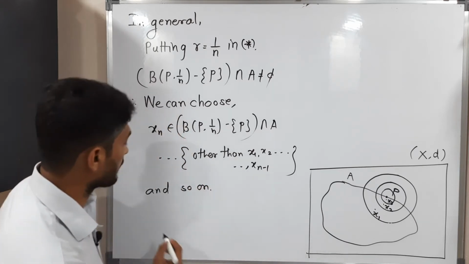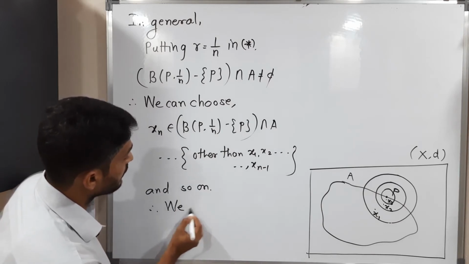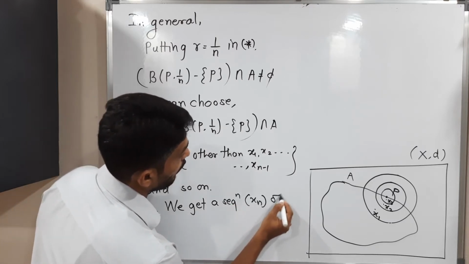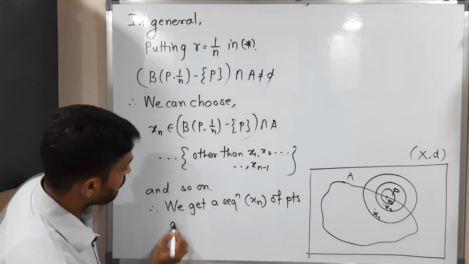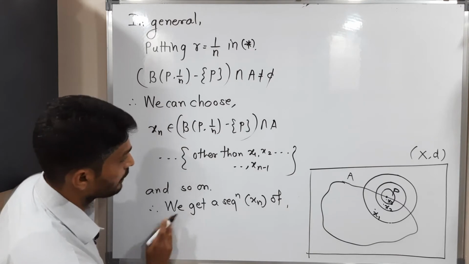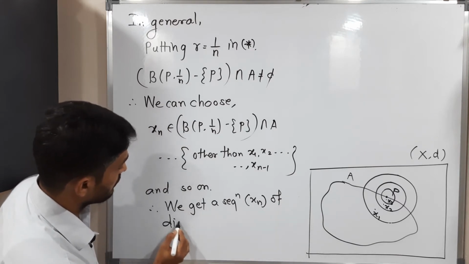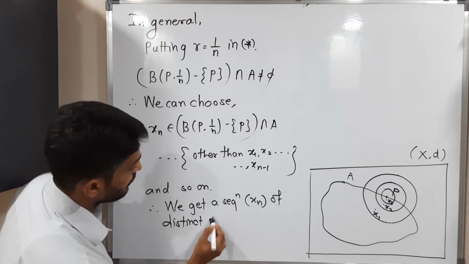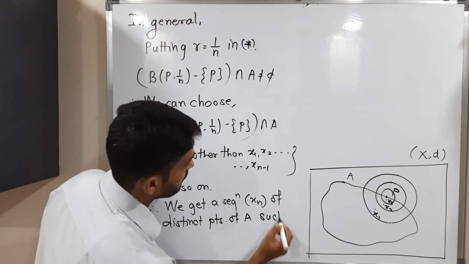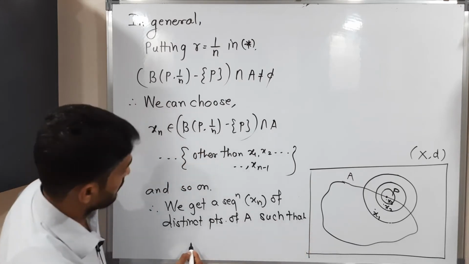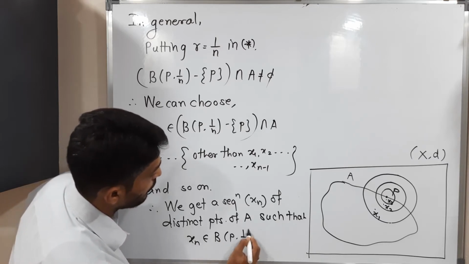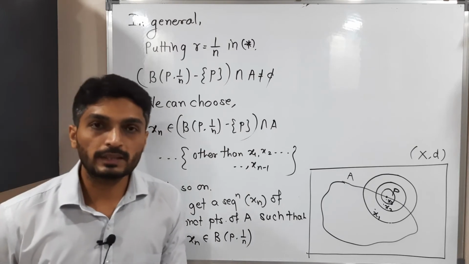Therefore we get a sequence xn of distinct points of A such that xn belongs to B(P, 1/n) minus {P}.